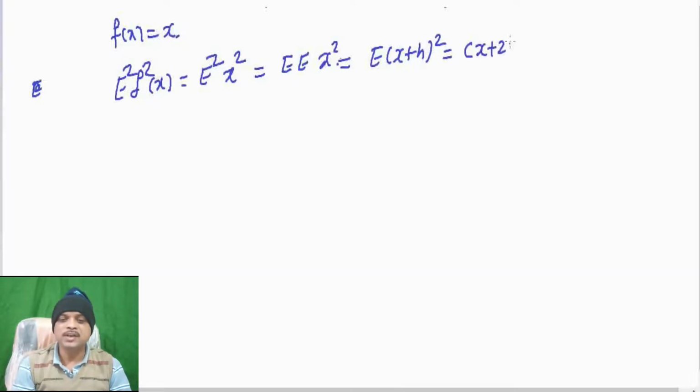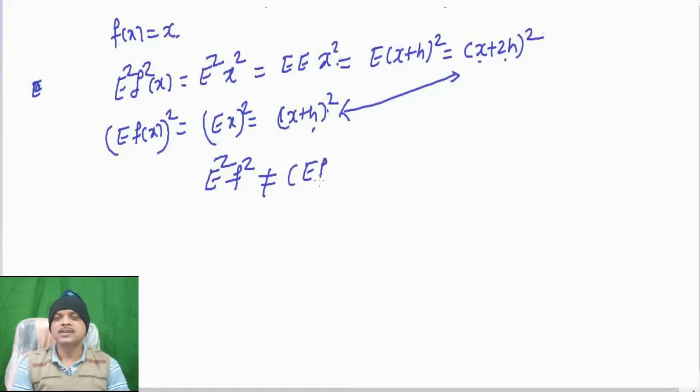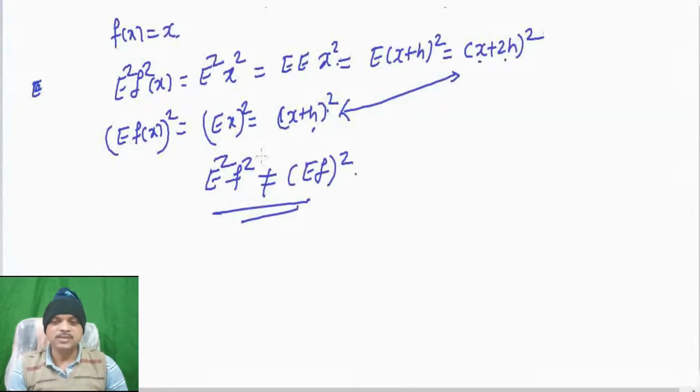Now when we consider E of f of x whole square, then E of x whole square means x plus h whole square. So these two values are not equal. x plus h whole square is not equal to x plus 2h whole square, and hence we get the result that E square f square is not equal to E f whole square. So remember, this is not possible for these operators.